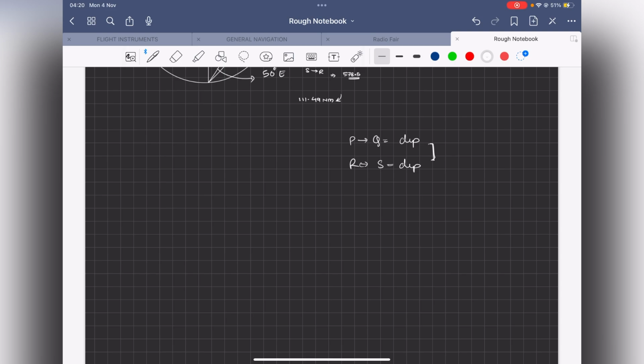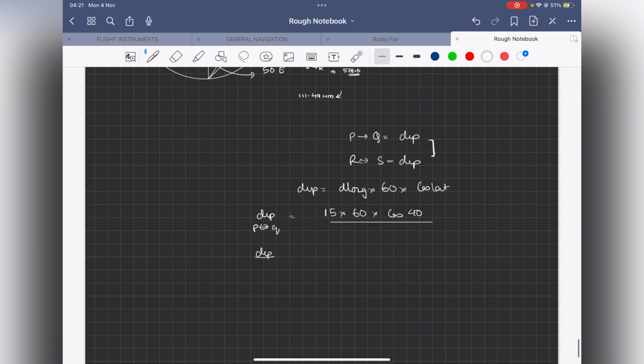These departures are a function of what? Let's write it down. Departure is equal to d long into 60 into cos of lat. So departure P to Q will be equal to d long of 15 degrees, in our case 60, into cos of 40, right?